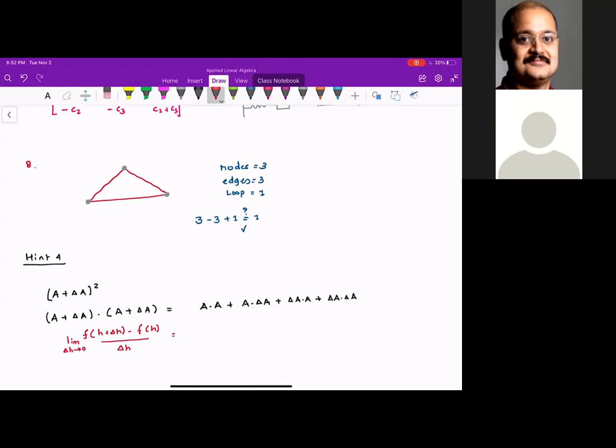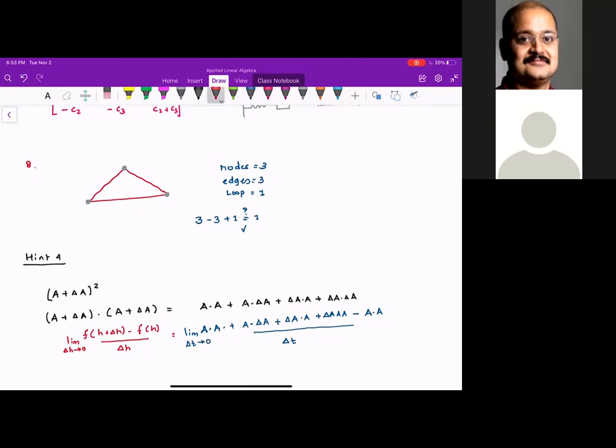So I would write A times A plus A delta A plus delta A times A plus delta A delta A, minus A multiplied by A, divided by delta t, limit delta t going to 0.